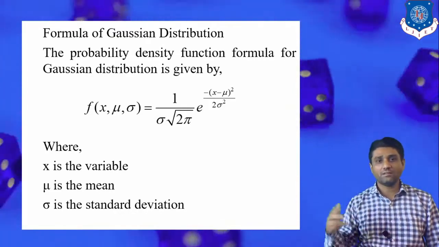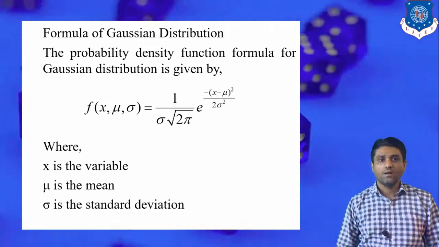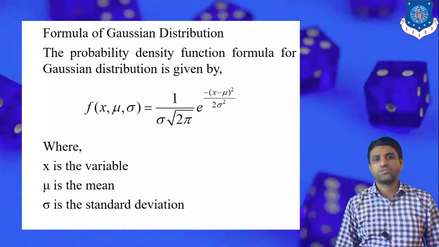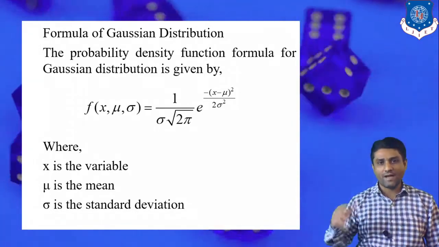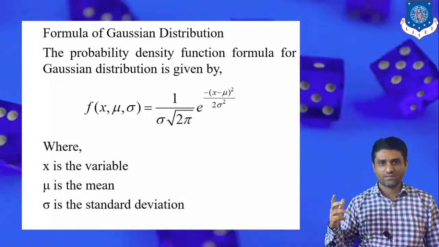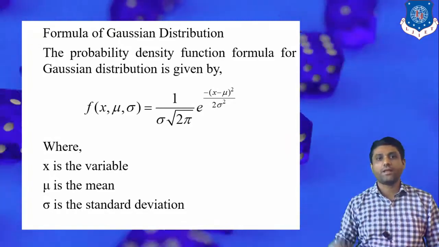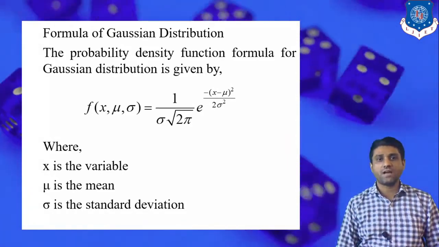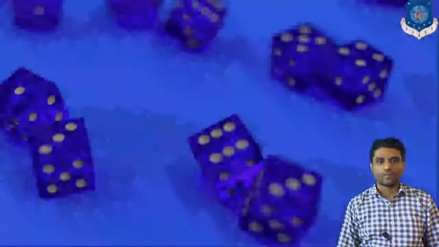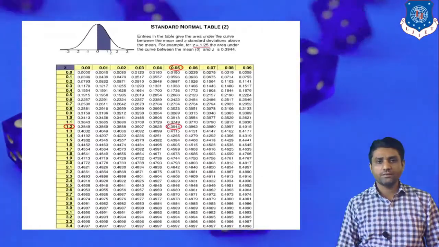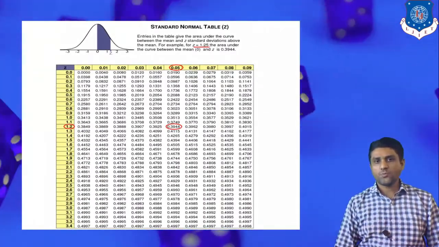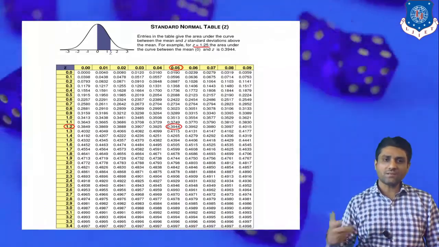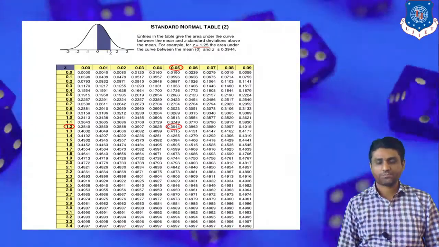But here the one different thing is that we do not remember this Gauss distribution formula, because Gauss and Laplace developed a strategy. They developed one table. That table is known as the standard normal table, sometimes also known as the Z distribution table.